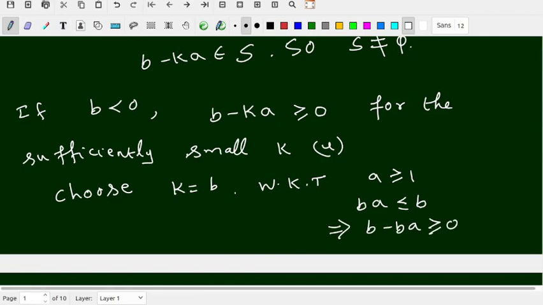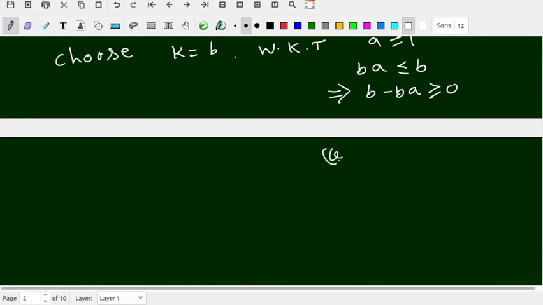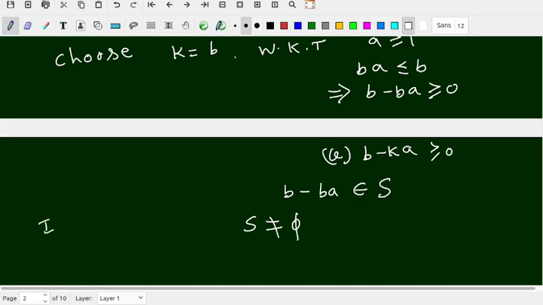That is b minus ka, because k is nothing but b in this case, which is greater than or equal to 0. So for the choice k equal to b, b minus ka is greater than or equal to 0. So b minus ba is a member of S. So in this case also S is non-empty. Therefore S is non-empty.